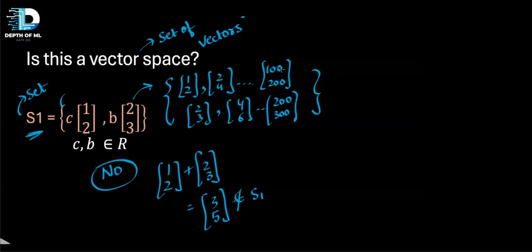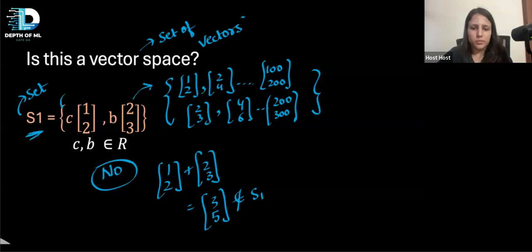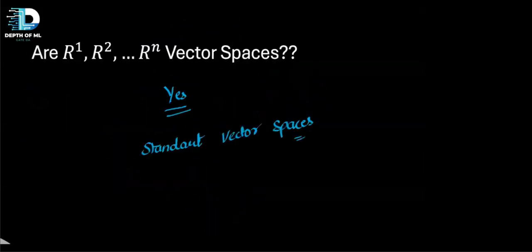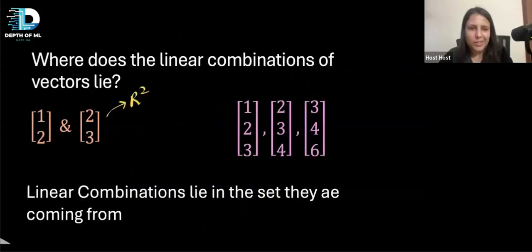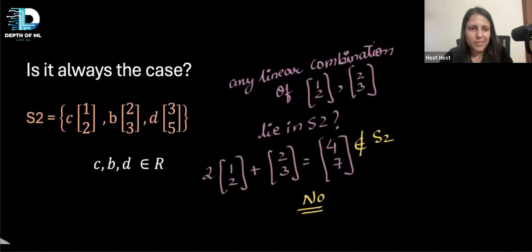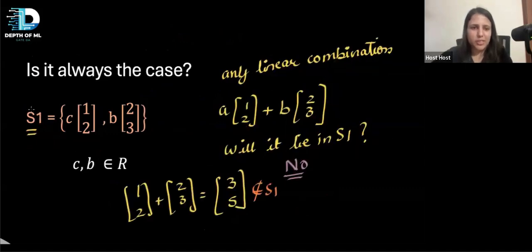No, ma'am. When you used the words set of vectors, now I got it. Did I not use it before? I think I was... No, ma'am, actually. Okay. Let me see. Oh, I must have mentioned it. I should have explicitly mentioned that this is a set, a set of vectors.